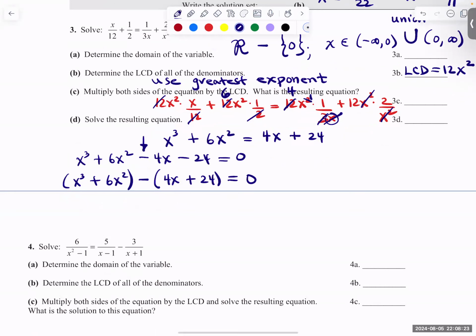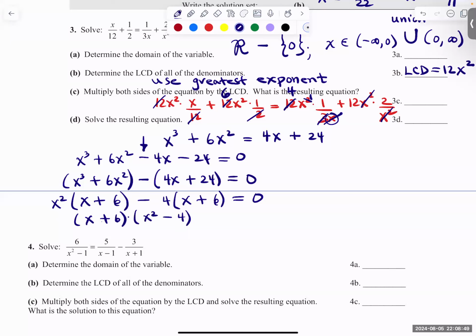So let's factor out x squared, the greatest common factor, times x plus 6. Factor out 4 times x plus 6. Thus, we have x plus 6 as a common binomial factor that we can factor out. So x plus 6 multiplies x squared minus 4, and that equals 0.